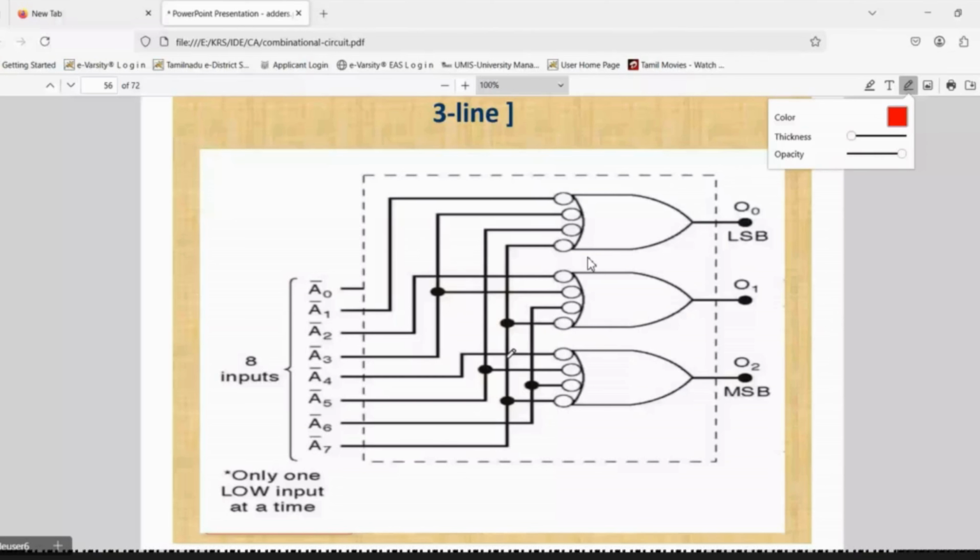So there are 3 OR gates and 8 input lines A0 to A7.